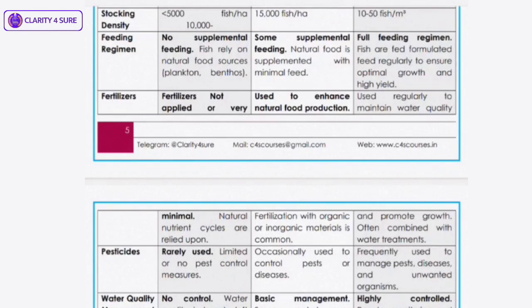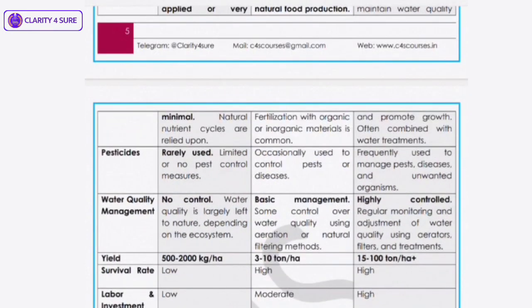Next, let's discuss pesticides. In case of extensive, it is rarely used. In case of semi-intensive, it is occasionally used to control pests or diseases. And in case of intensive, it is frequently used to manage pests, diseases and unwanted organisms. Let's talk about water quality. In case of extensive, there is no control.